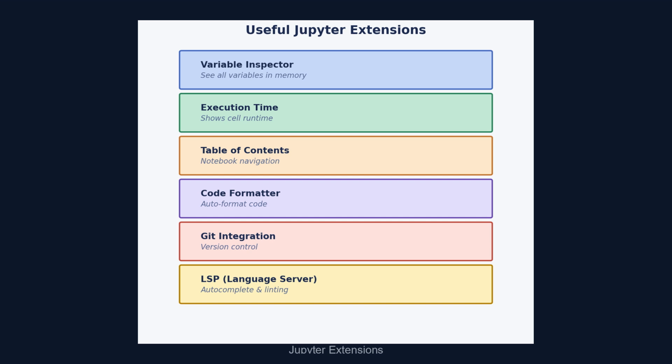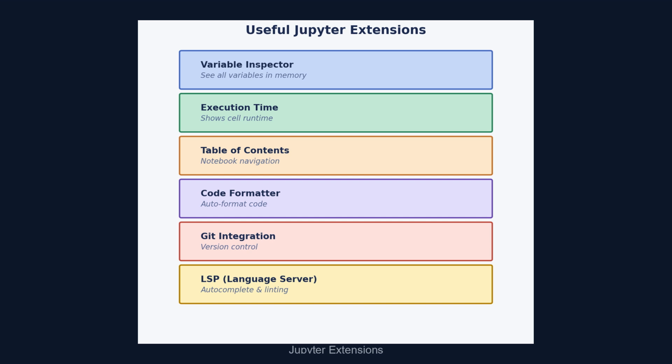The code formatter automatically formats your code, ensuring that it adheres to coding standards and improves readability. Git integration is also invaluable, giving you version control features right within Jupyter. This means you can track changes and collaborate more efficiently.